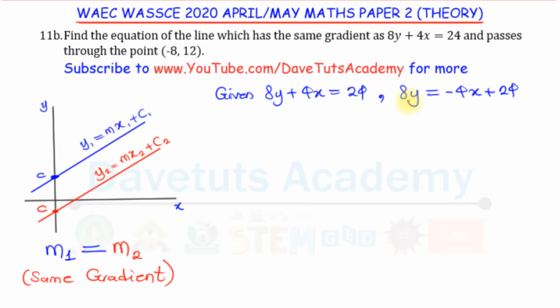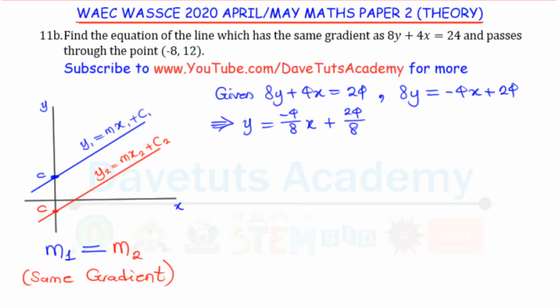Now if we want it to be y is equal to mx plus c, we should divide this equation by 8, each of the entities on the left hand side and the right hand side. If we do that, we are going to have 8y over 8 will be y, is equal to minus 4 over 8x plus 24 over 8.